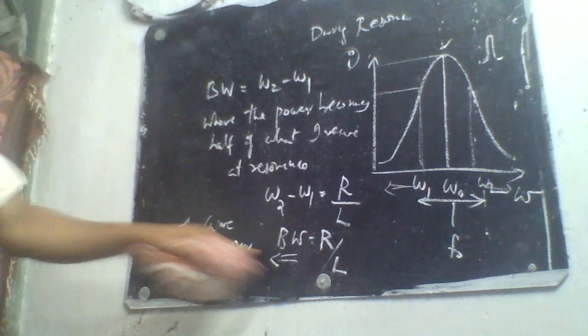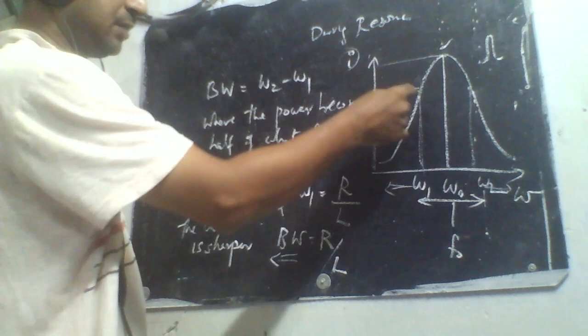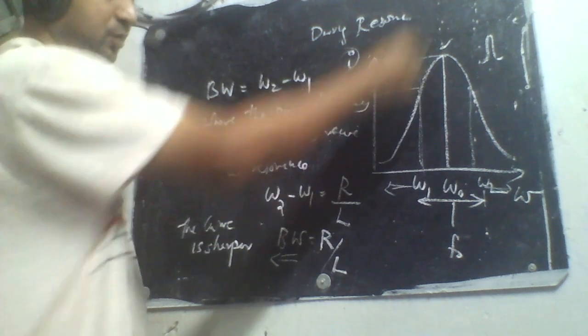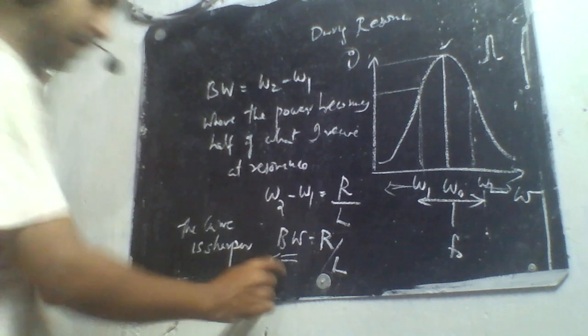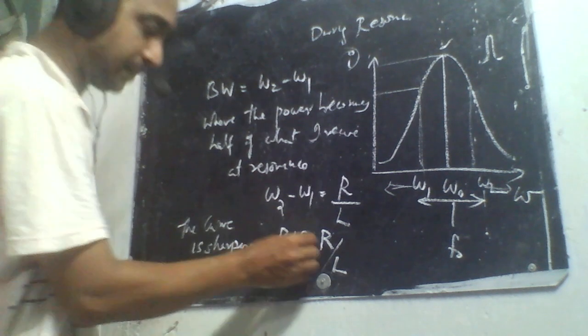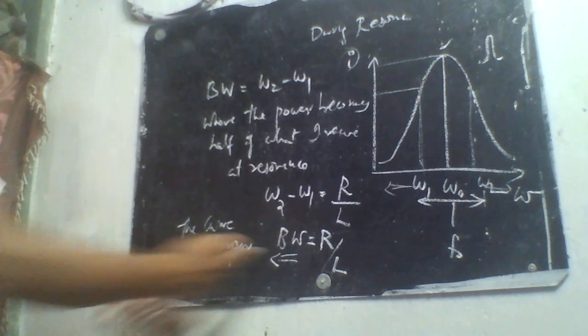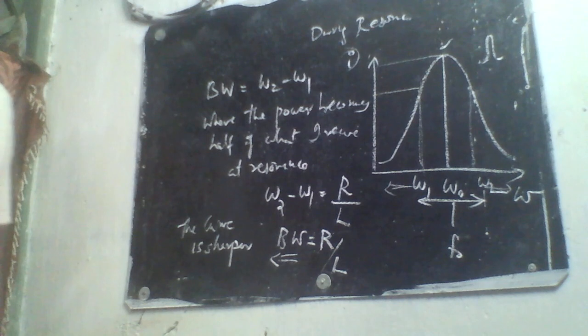So bandwidth is the difference in frequencies at which the net power becomes half of what you are receiving at the resonant frequency. Then bandwidth is equal to R by L, and if R is less, bandwidth will be less. So bandwidth being less means the curve becomes sharper.